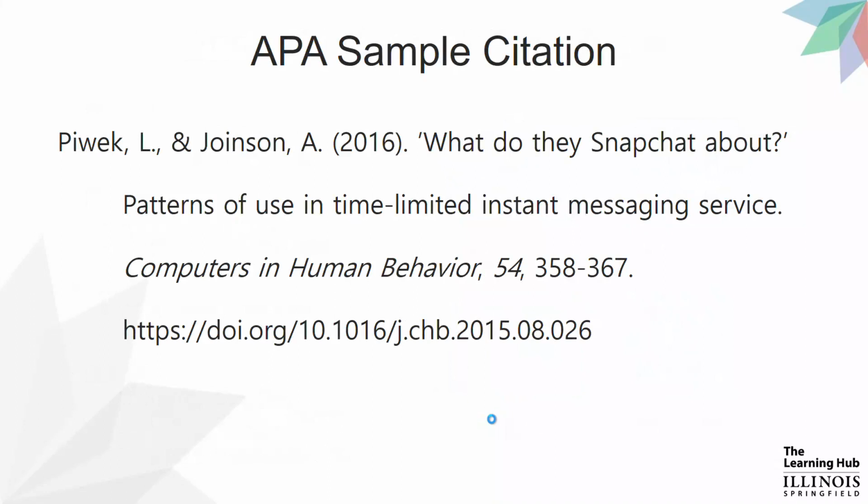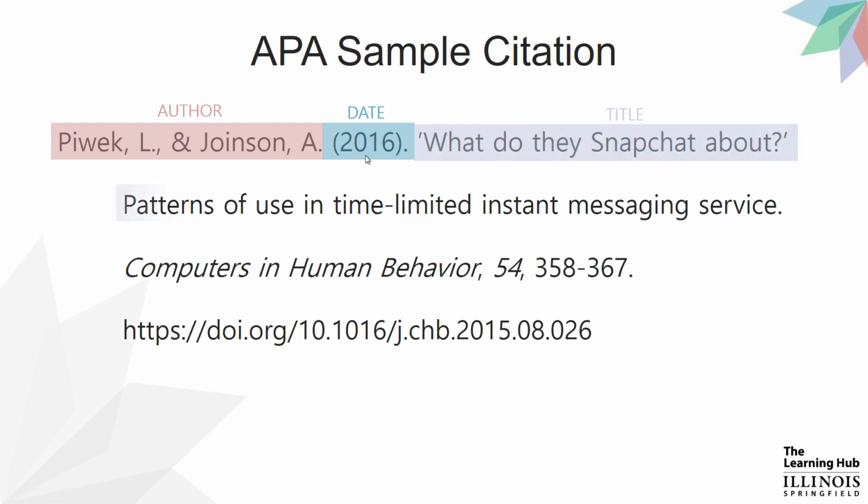So let's look at that same citation and see how it's different in APA citation style. So here you can see we have author information at the top. Date gets front-loaded to the top of the citation because, again, currency matters very much in APA style. The title here, if you notice, has different capitalization than in the MLA, which we're going to talk about in a second.